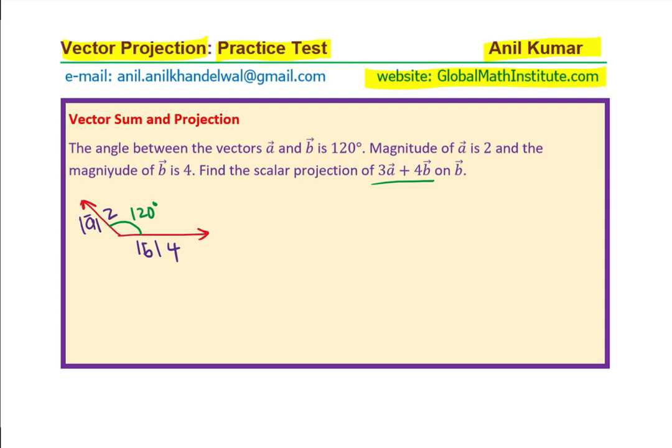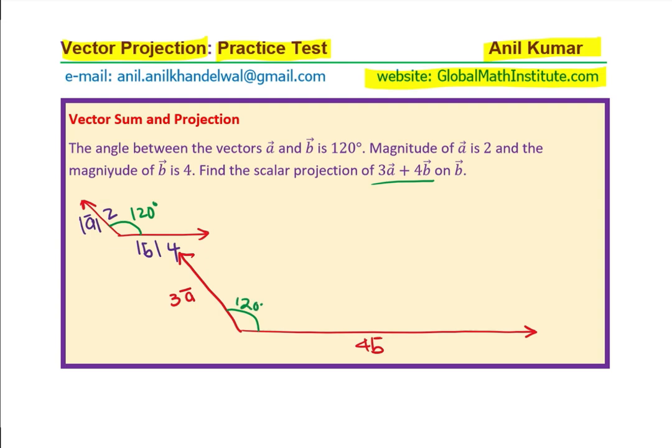So let us first sketch this and understand the question. 4 times B will be a vector which is in the direction of B but 4 times in length. So let's say this is 4B. And 3 times A, so let's say this is 3A. The angle between them will be 120 degrees, correct?